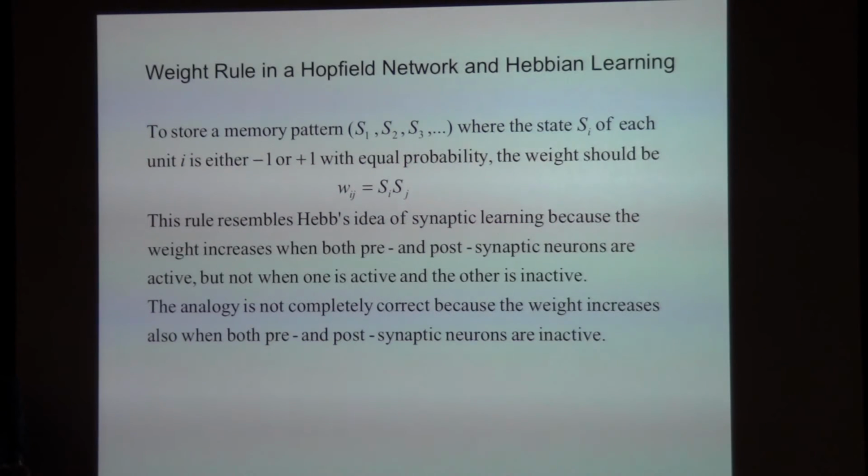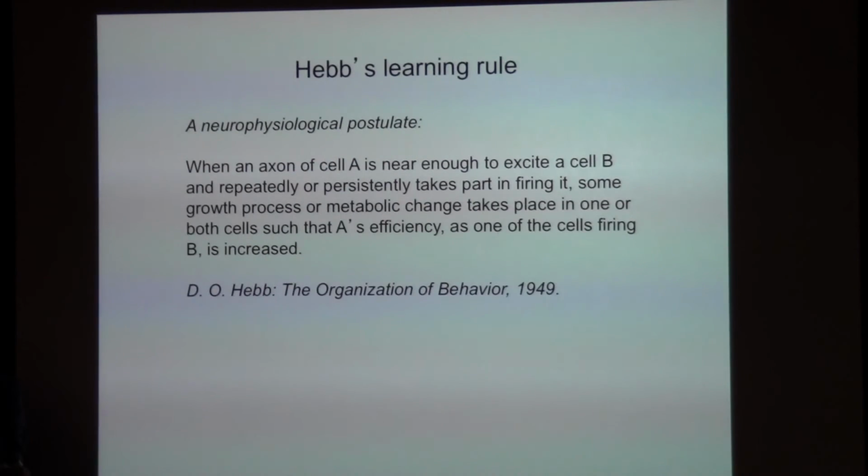So I'm going to show you a little bit about the biological meaning of this. It's a very important theoretical idea called the Hebb learning rule, by Donald Hebb in this book, 1949, a very old book.